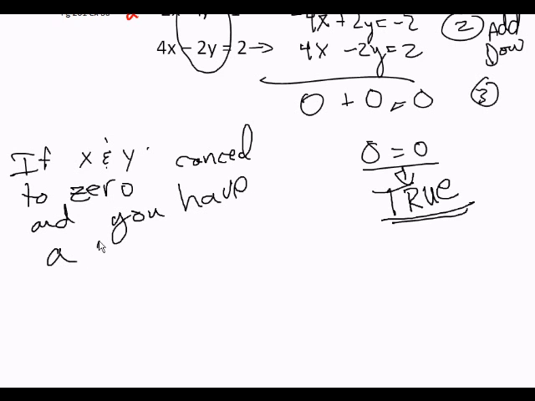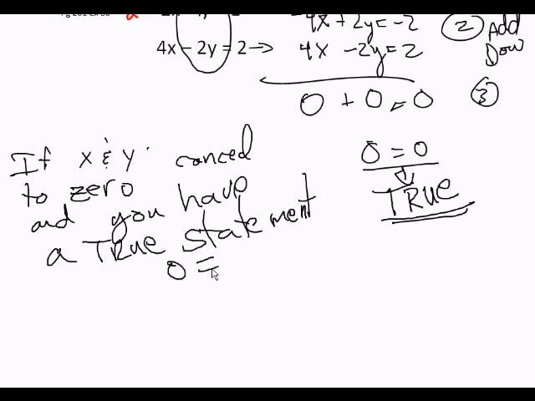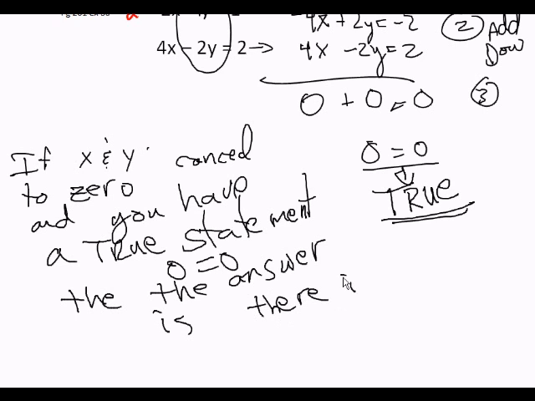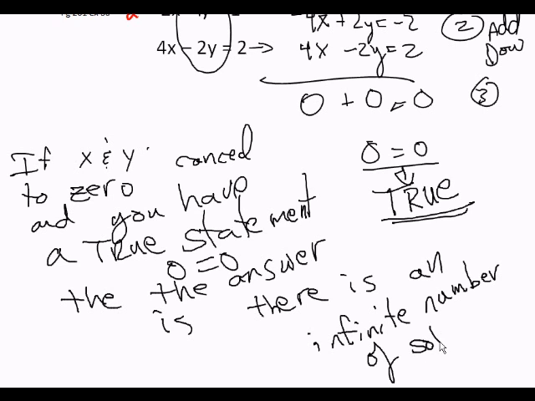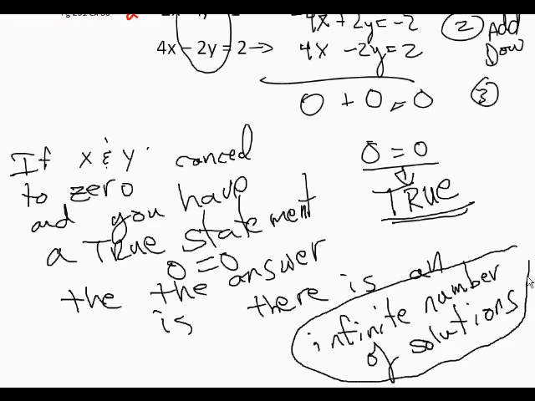If the x's and y's cancel to 0 and you have a true statement, 0 equals 0, then the answer is there is an infinite number of solutions.